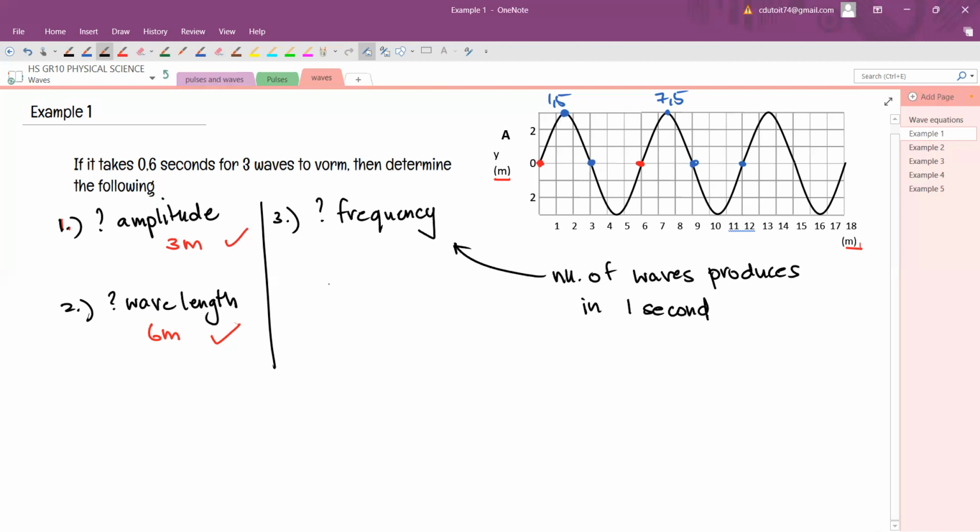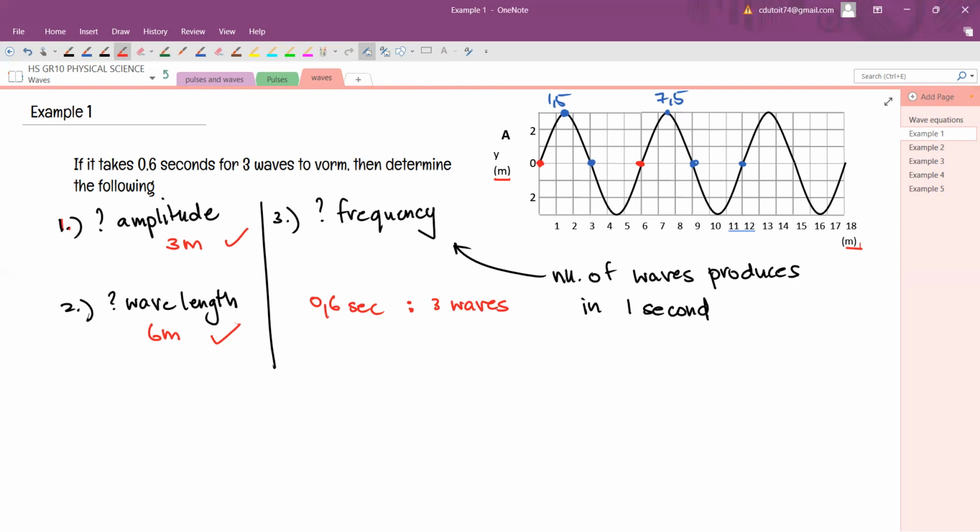Because they tell you that there is 0.6 seconds for 3 waves. So I'll show you a couple of ways to do this. I just want to test your logic. Just look at that and tell me what is the frequency of those waves.